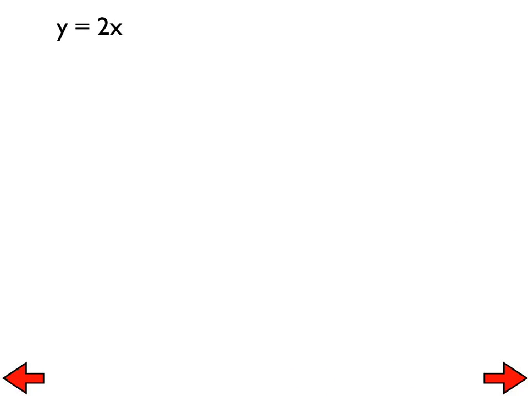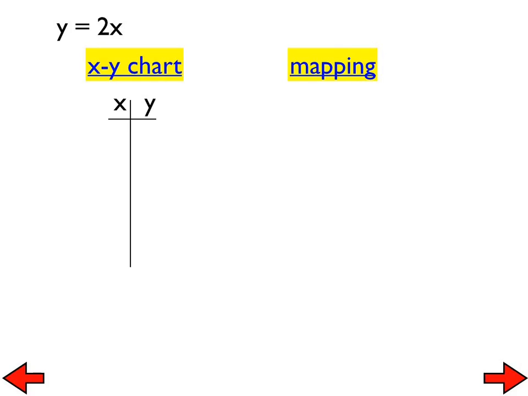As we progress through this unit, we're going to be tying equations with ordered pairs, with mappings, and all of those things together. But let's pretend we have this function, y equals 2x.